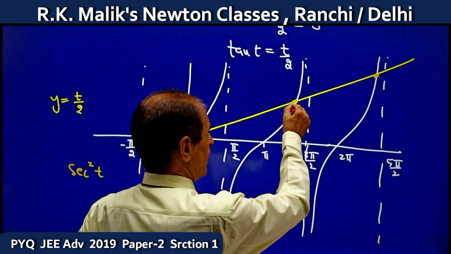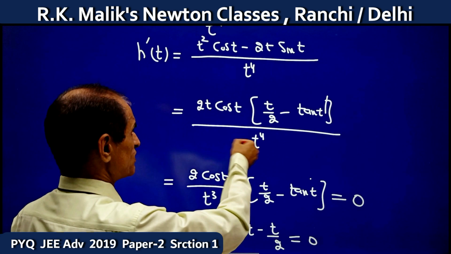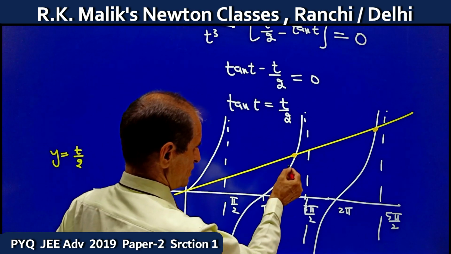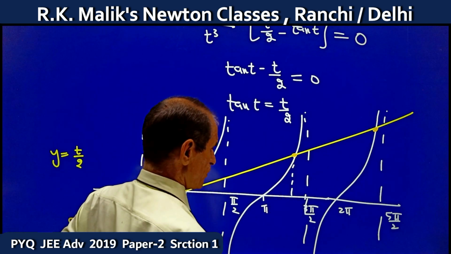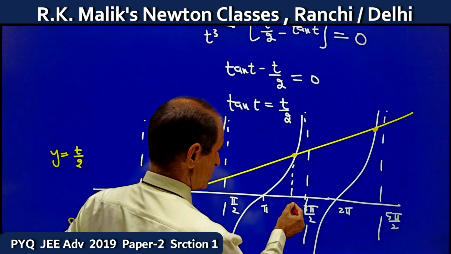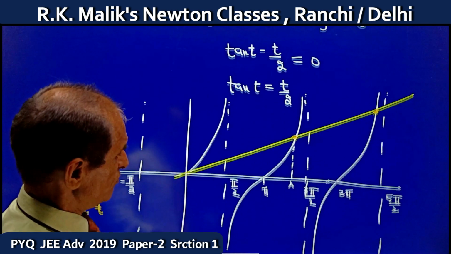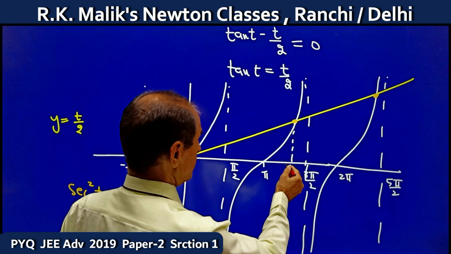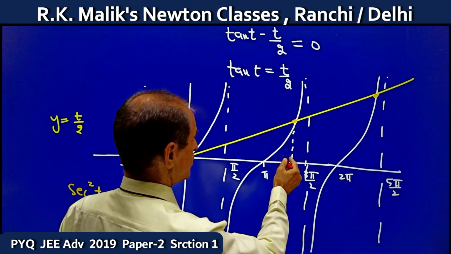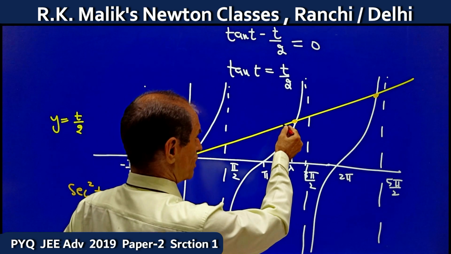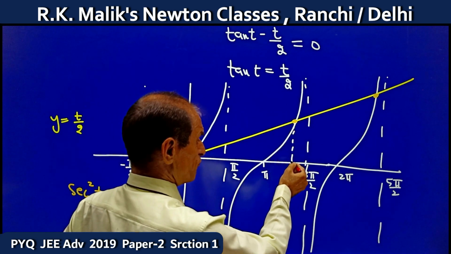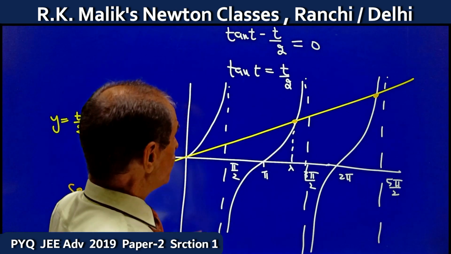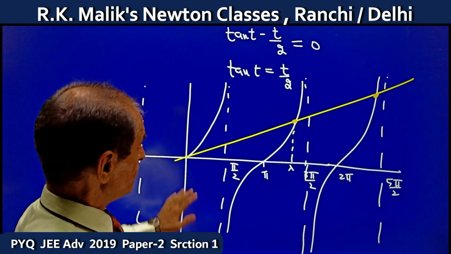And now I have to check whether at this point this function has local maxima or local minima. Suppose this point has x coordinate lambda. When the value of t is slightly less than lambda, because this is the upper graph, this is the lower graph, I can say for the values of x slightly less than lambda, the value of t by 2 will be more than the value of tan t.